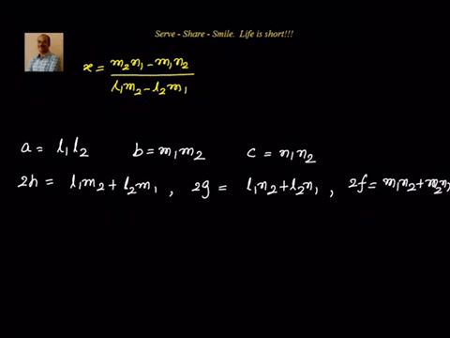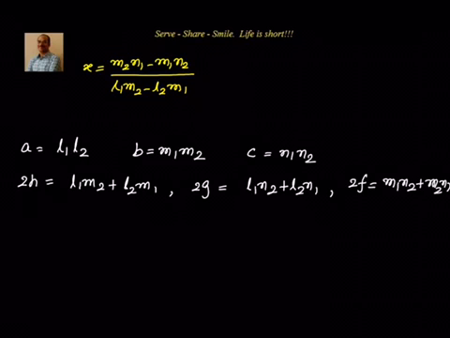So we got x equal to M2 N1 minus M1 N2 by L1 M2 minus L2 M1, and we see that in the known relations we don't have any subtractions. We have M2 N1 plus M1 N2 and L1 M2 plus L2 M1, but nothing negative.